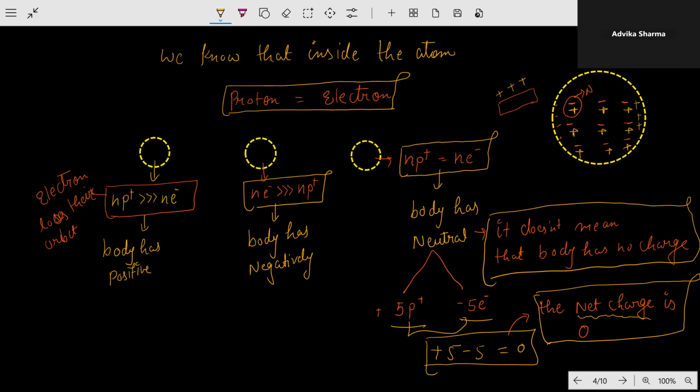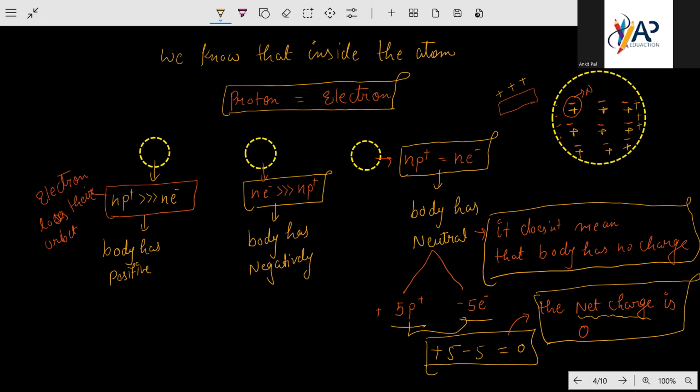So basically, you're saying that the neutral atom has a charge, but its total charge is zero. Yes. What would its charge be then? If the net charge is zero, would it be an anion or a cation?